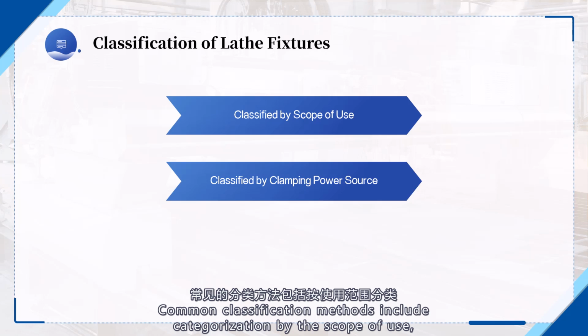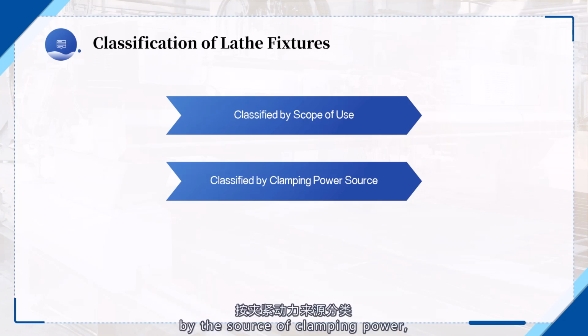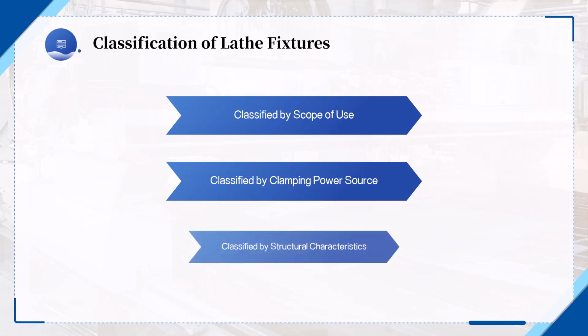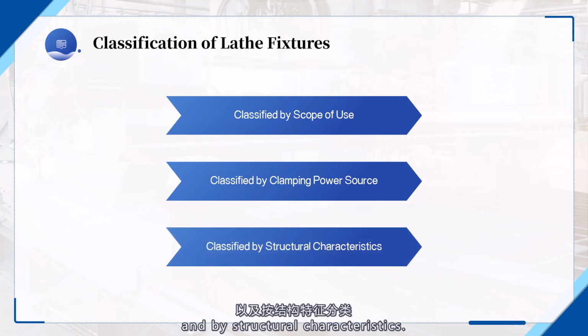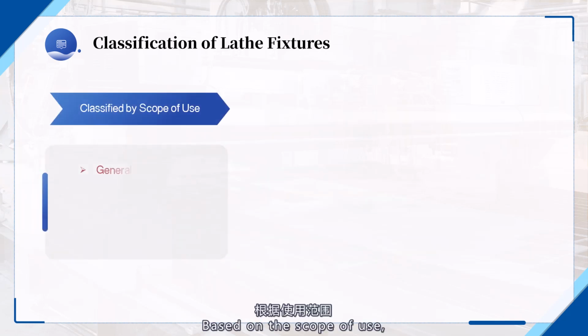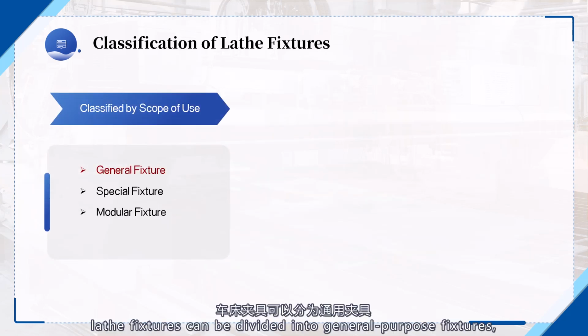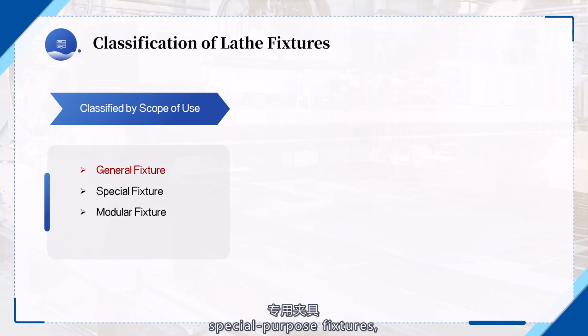Common classification methods include categorization by the scope of use, by the source of clamping power, and by structural characteristics. Based on the scope of use, lathe fixtures can be divided into general-purpose fixtures, special-purpose fixtures, and modular fixtures.